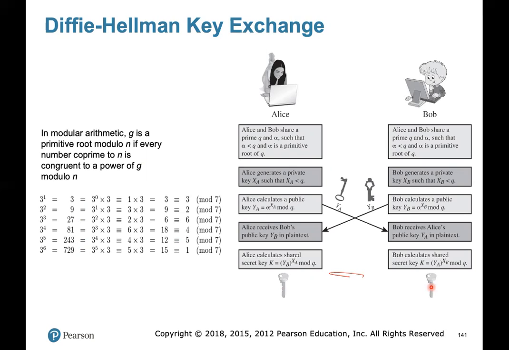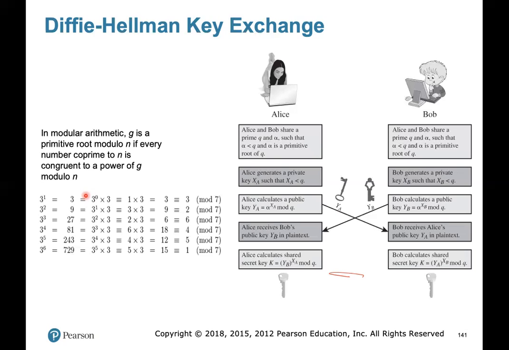So it works based on some operations between Alice and Bob, and it is based on finding a primitive root, which is defined here. Of course, I don't want to add too much math to the lecture, but we need to at least hear the definition.